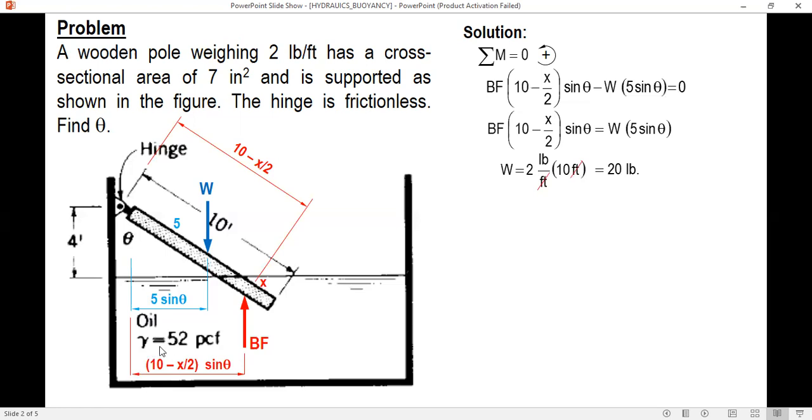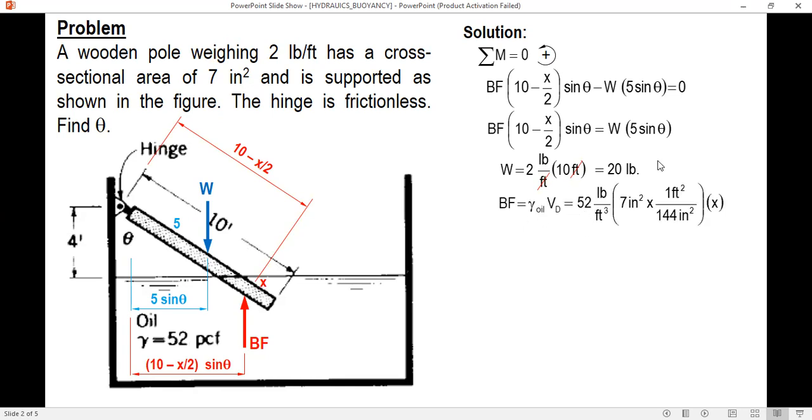Now, given the specific weight of oil, the volume displaced is equal to cross-sectional area times length. And since the unit of gamma is pounds per cubic feet, we will convert area from inch square to feet square. And x is in feet. So therefore, the buoyant force is equal to this one.